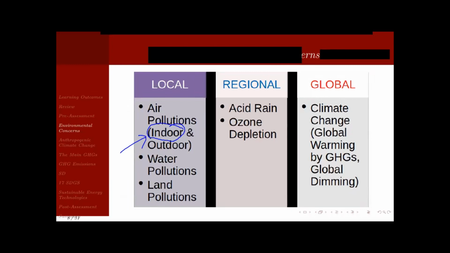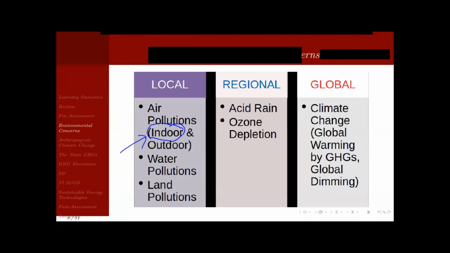Then you have the next level, global. Global means it's happening globally. So a power plant polluting in Siddhirganj can cause havoc in Toronto, Canada, or Stockholm, or Madrid, or in Zimbabwe.